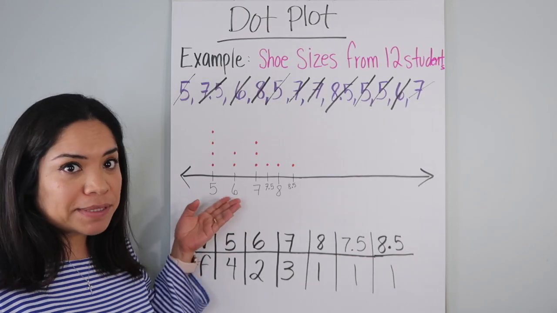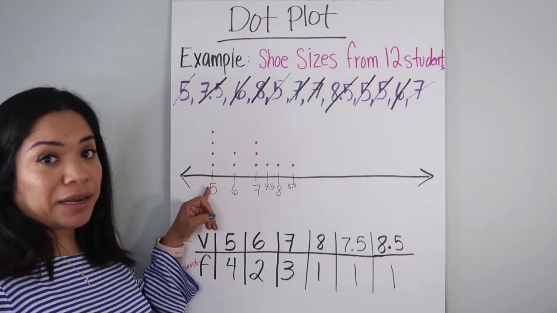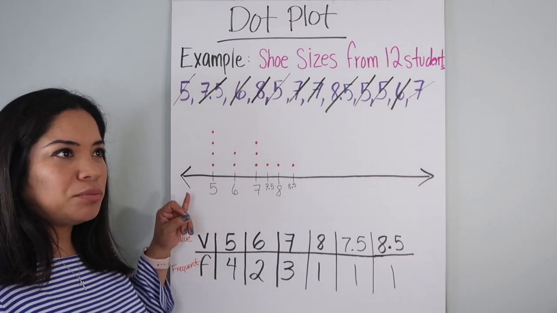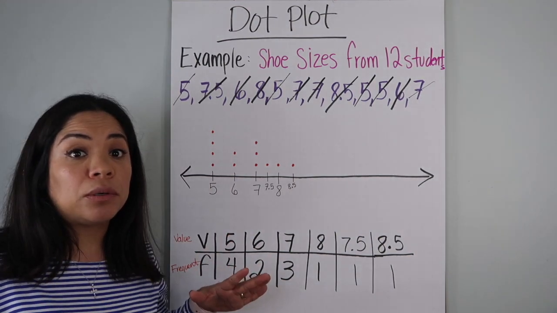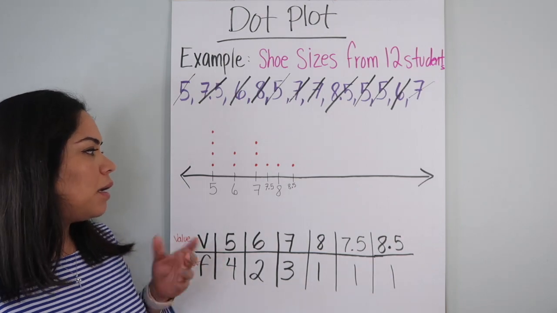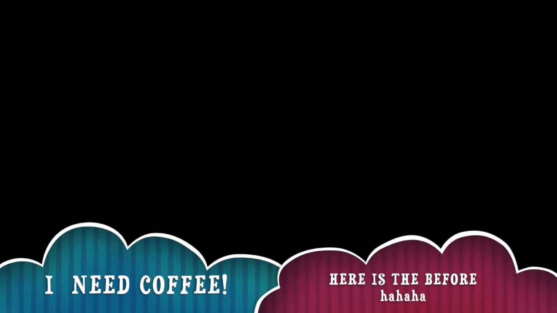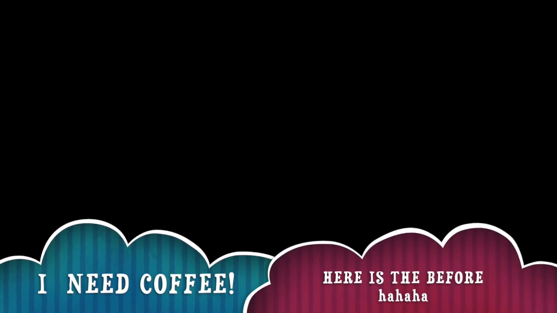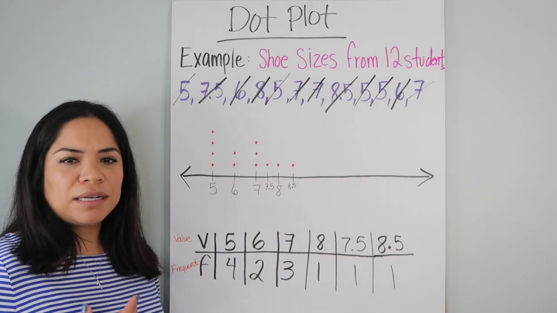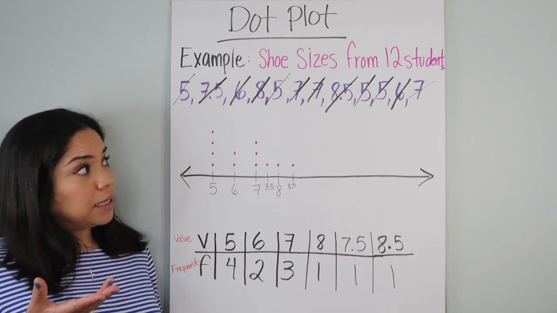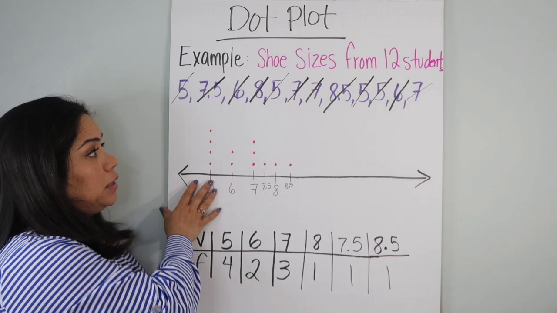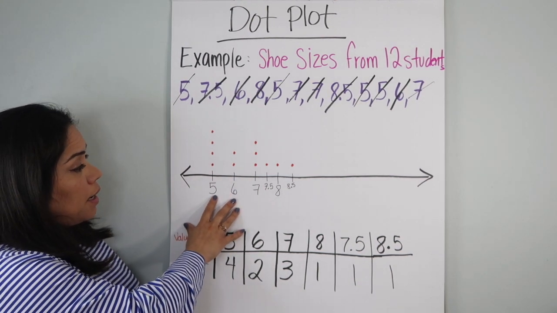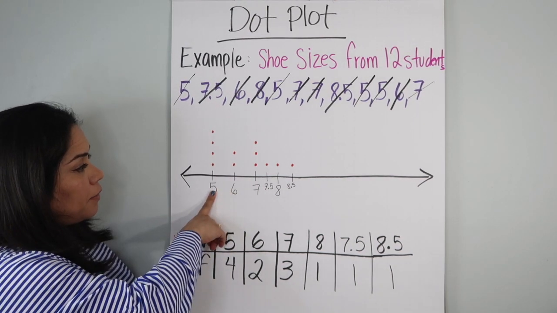It's just data represented by a dot above the number line. So it's just to make it easier. You can also go the other way and ask, what was the most frequent value of that data set? Just looking at the dot plot, you can say 5.